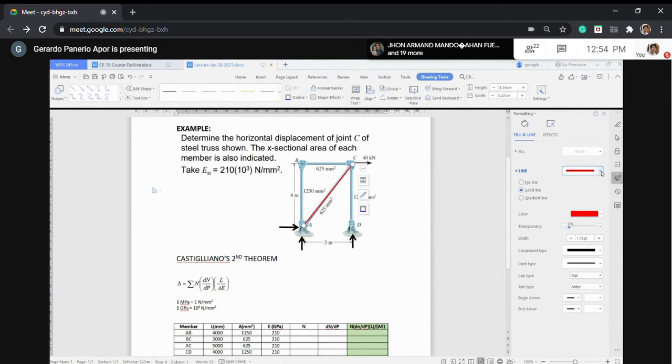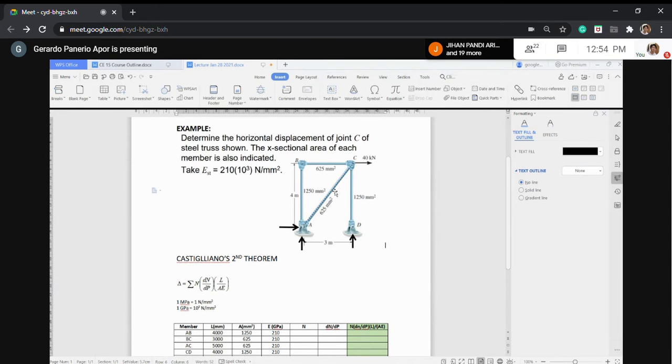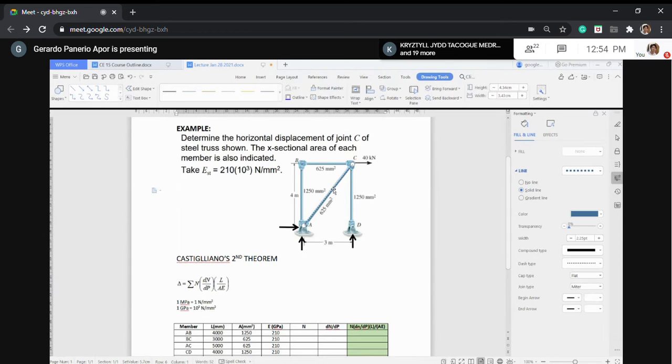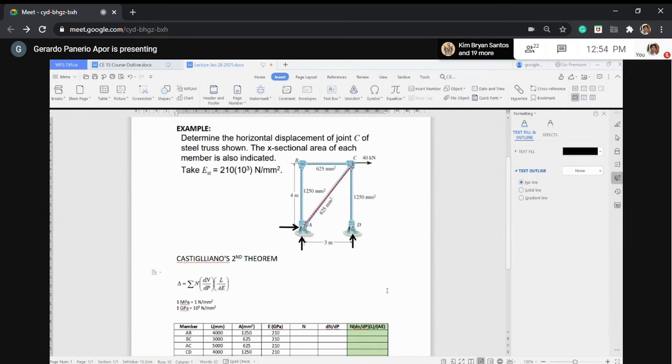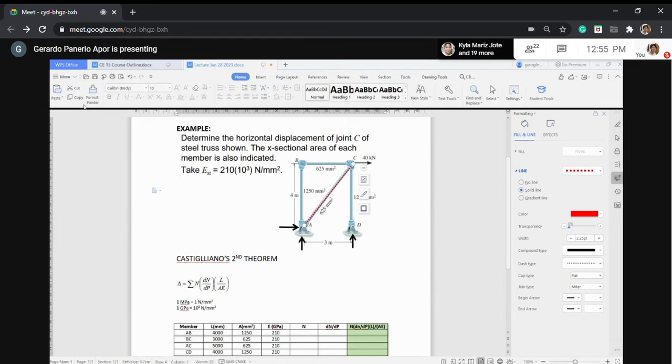Okay, first is the line C. Then if I copy that, copy and paste, this will also be the member BC.